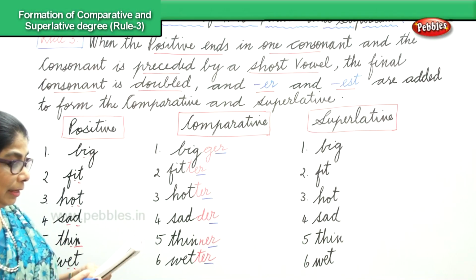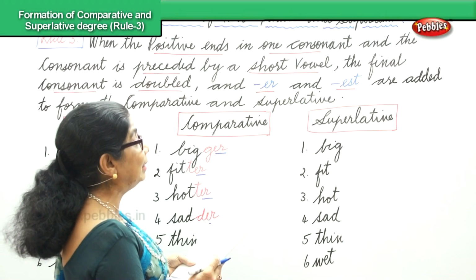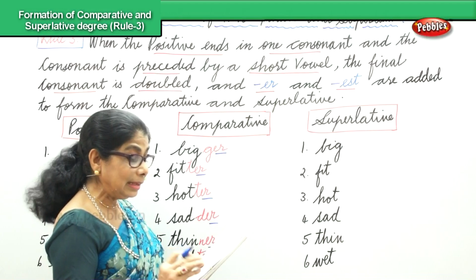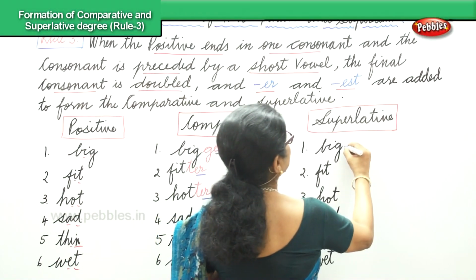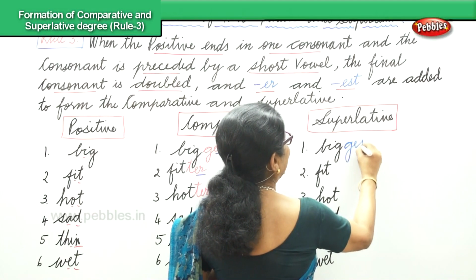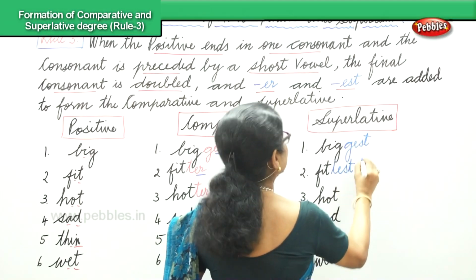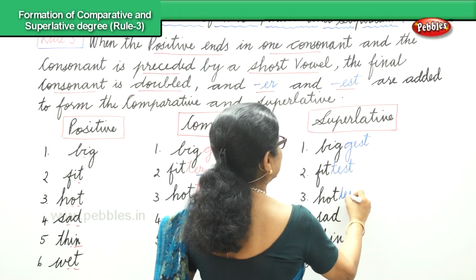Now let's form the superlative. Again, you double the consonant and add EST. Biggest. Fittest. Hottest.